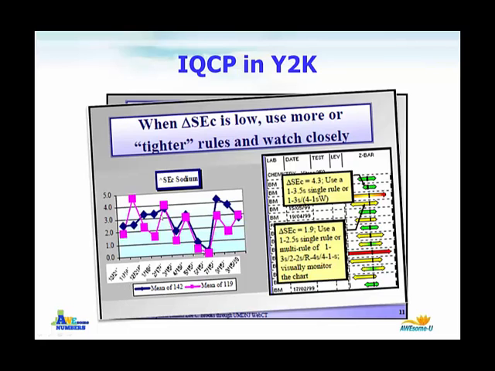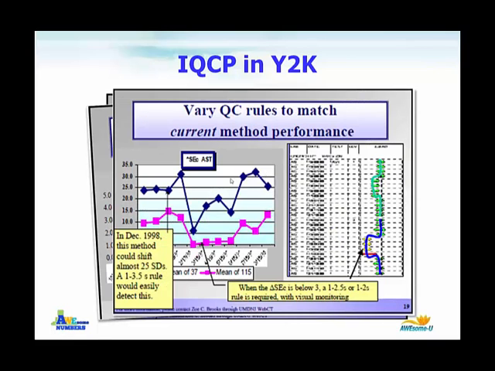There were critical systematic errors of basically 0 to almost 5. When that critical systematic error changed, when you came closer to your allowable error limit, we would tighten up the QC rules. Remember the difference that it made in the sodiums?